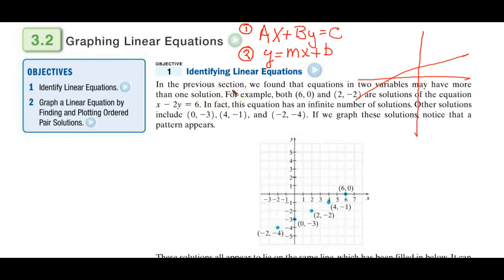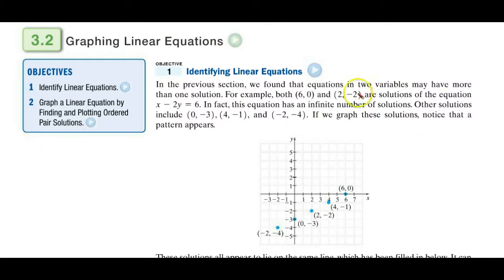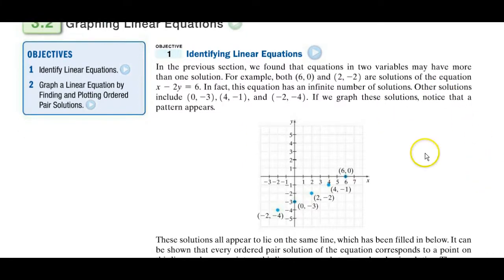So one of the first things we're going to be doing, and eventually we'll be graphing these, is to identify whether something is a linear equation or not. And by the way, the word linear refers to a line.